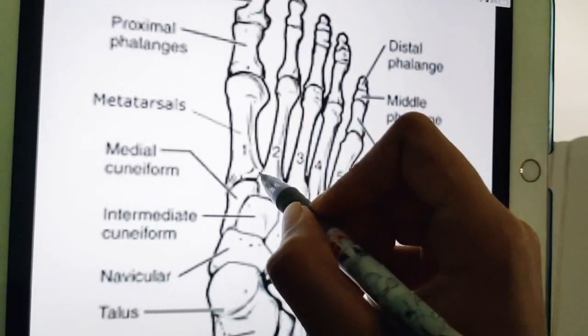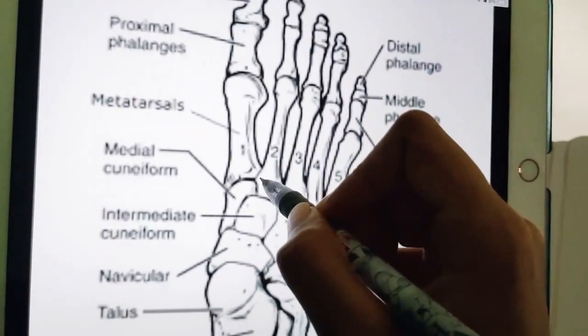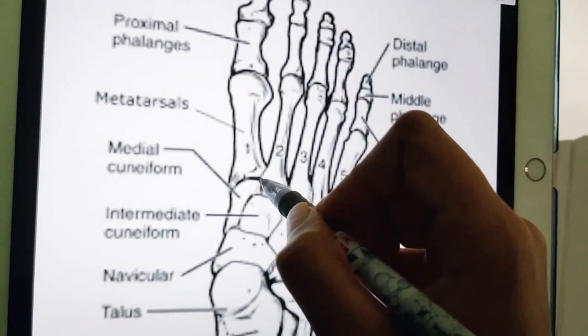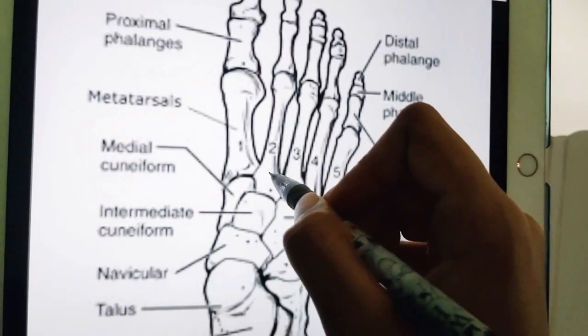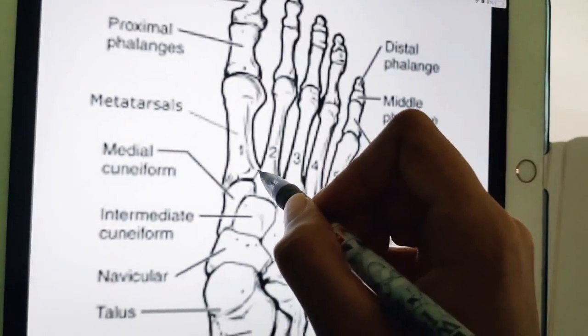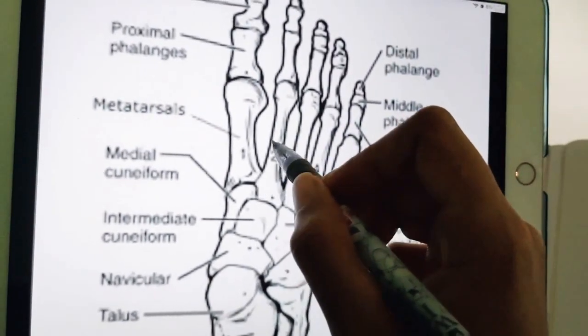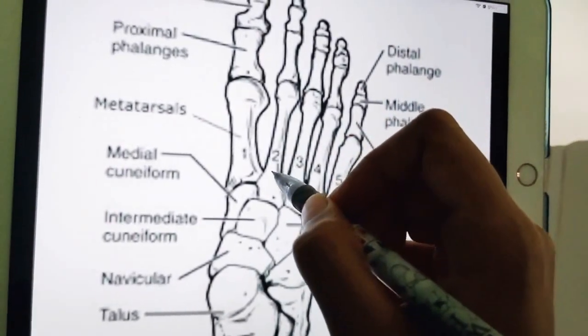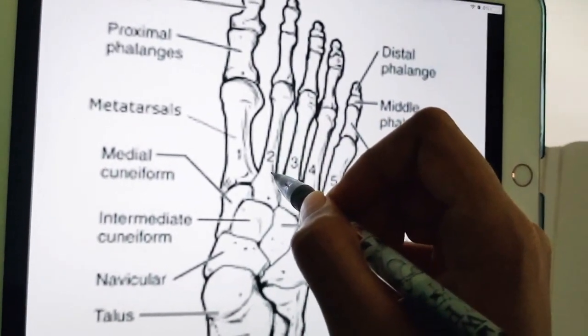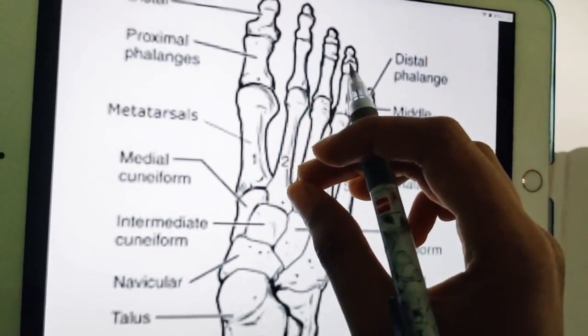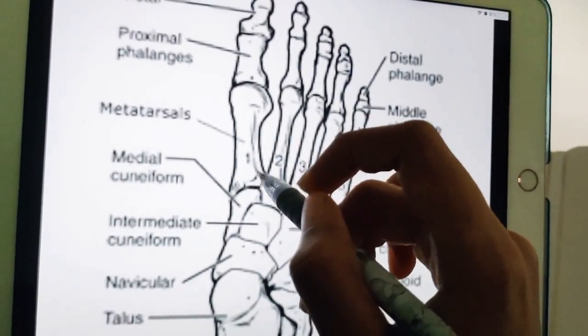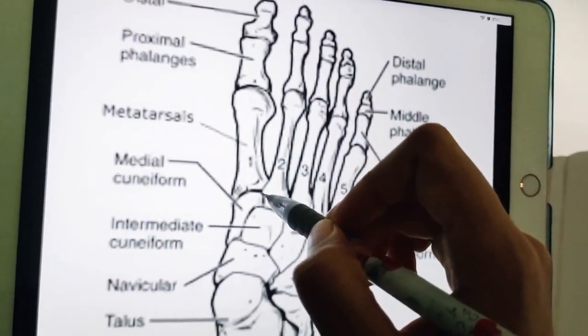You can see on its lateral side, it bears a tubercle mainly for the second metatarsal. That is, it will have two facets for the articulation to the second metatarsal bone. So that is how you can determine the side of the first metatarsal.